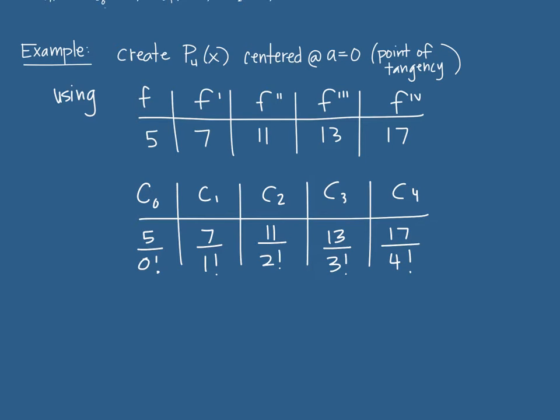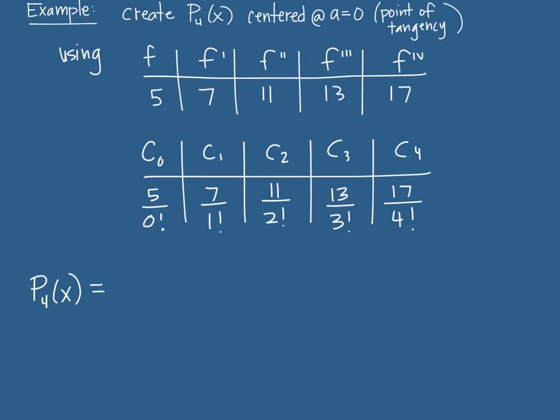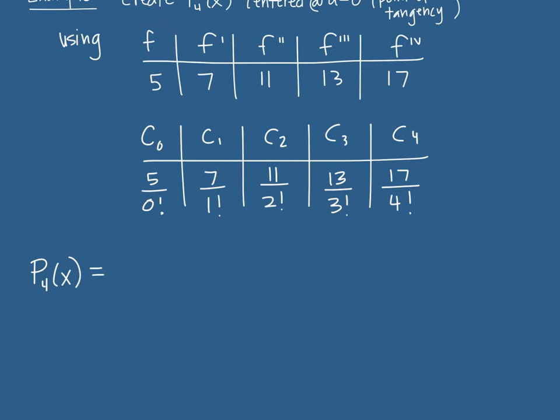So now we're ready to build our polynomial now that we have all of our coefficients. So P sub 4, the fourth order polynomial. Okay, what is 5 divided by 0 factorial? Times x minus 0, which is where this problem is centered, to the 0.